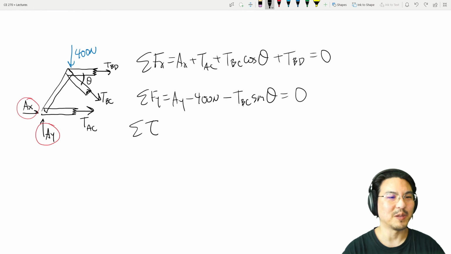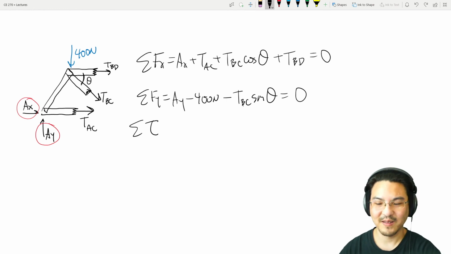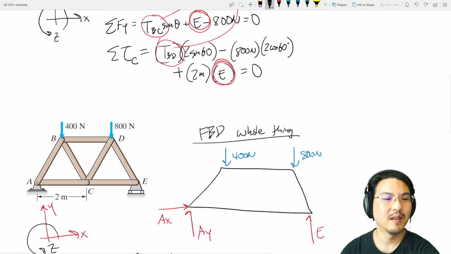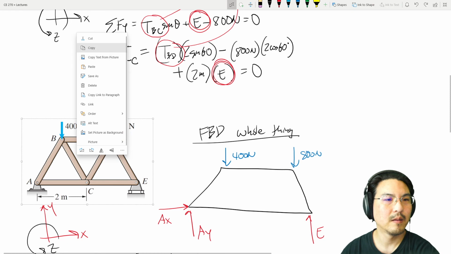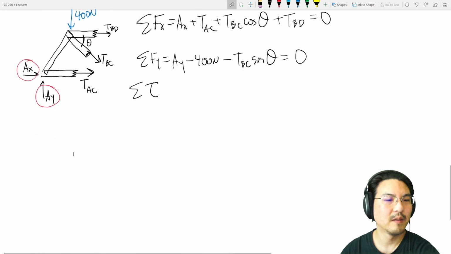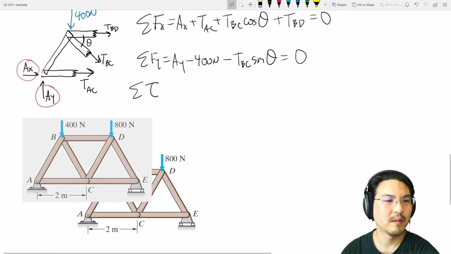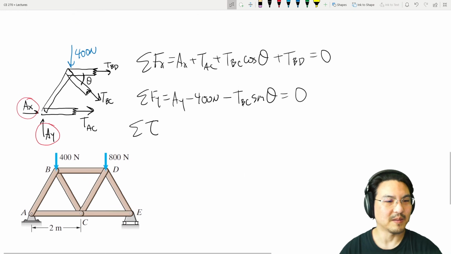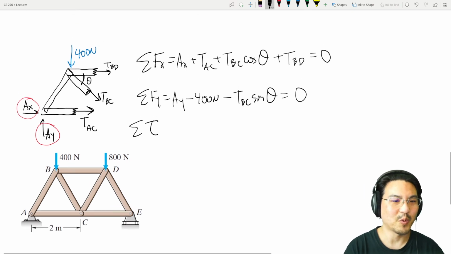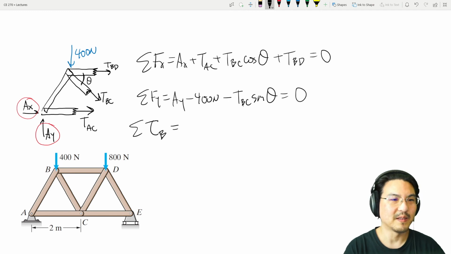So I think that would be a clever choice. Let me bring in the picture, the original picture. Okay, so if I sum torque about point B, then the torque by this, and this is 0. That saves me a lot.